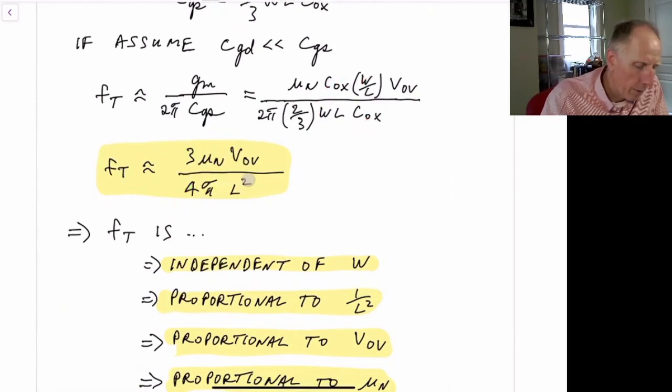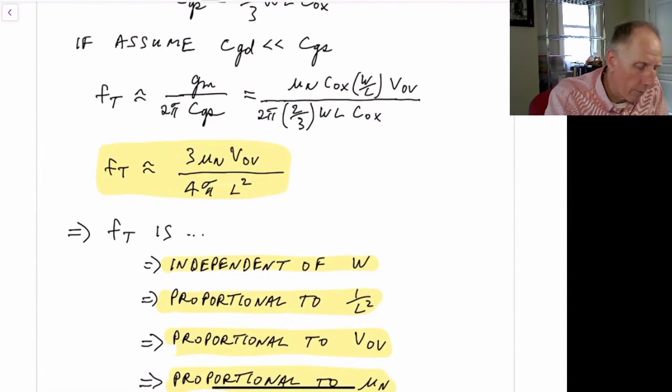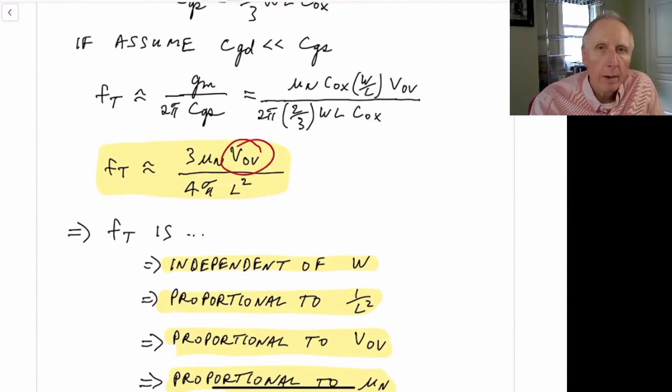And you find this is typical in analog circuits, that if you maintain the same overdrive voltage, then an increase in the W does not make things faster or slower. It generally just burns more power, but it does not change the speed of the overall circuit.